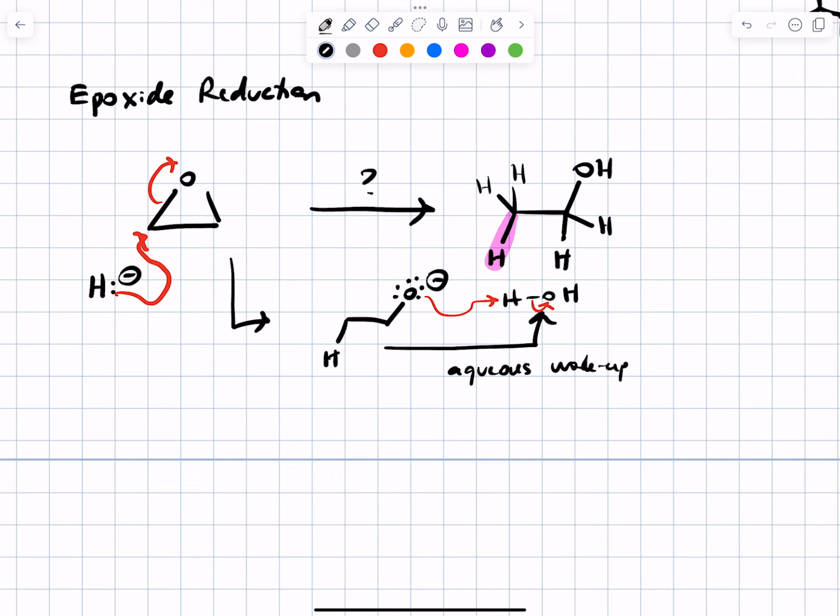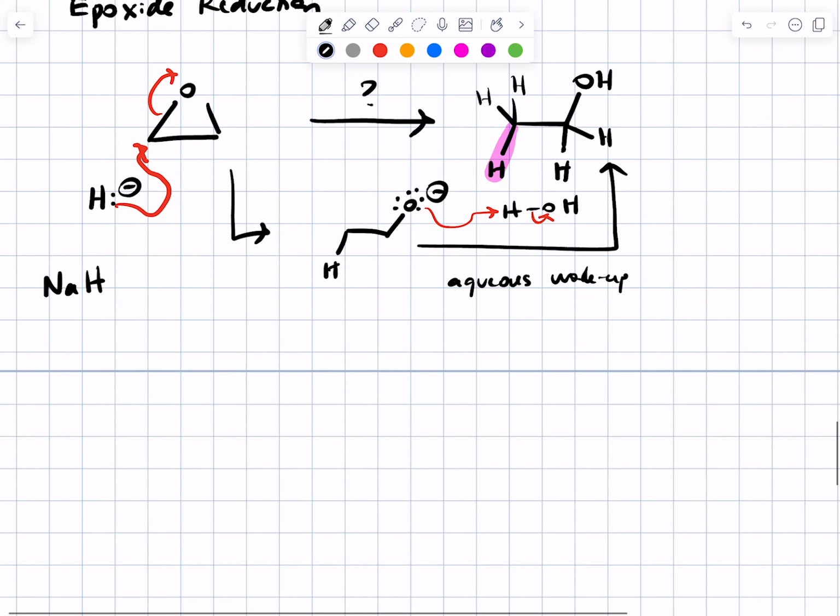The reason is that hydride, H minus, on its own is not a good nucleophile, mostly because NaH, sodium hydride, you can't buy H minus on its own, it has to have a counter ion, is very insoluble in organic solvent.